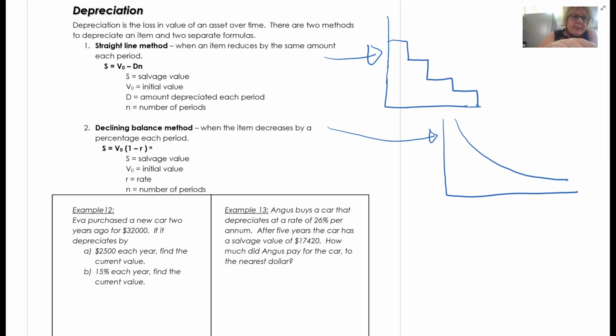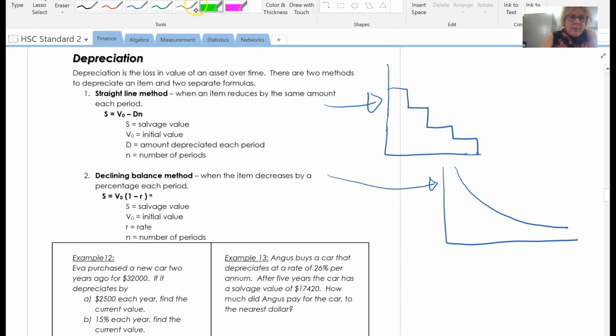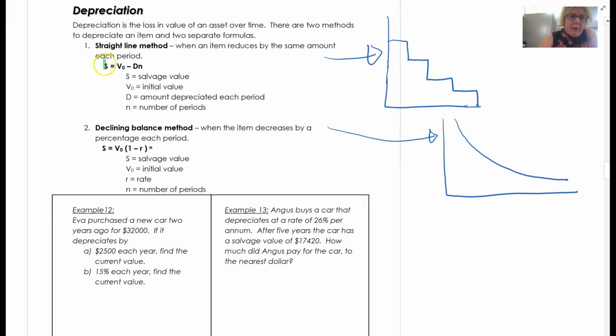Now you have to understand the terms and what they mean. S is the salvage value, so we say that that's the amount it's worth after a period of time, or how much value I can salvage from it.